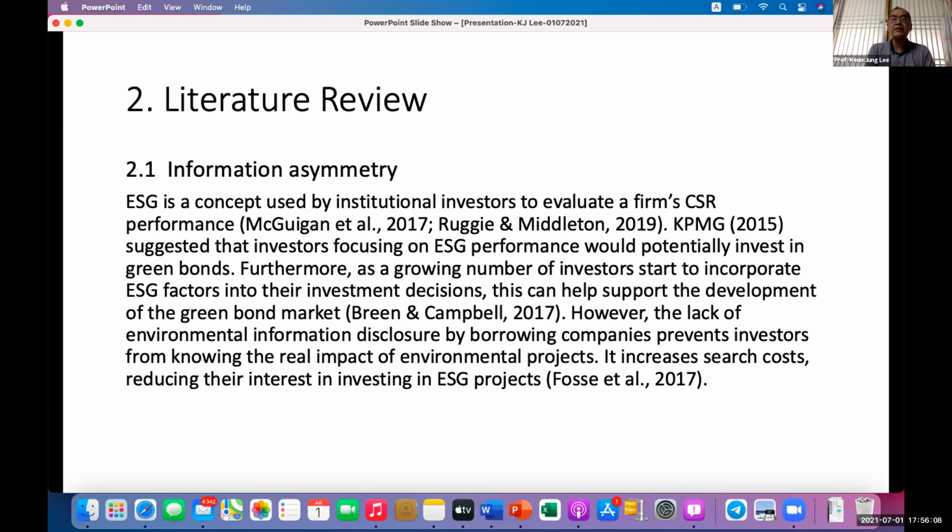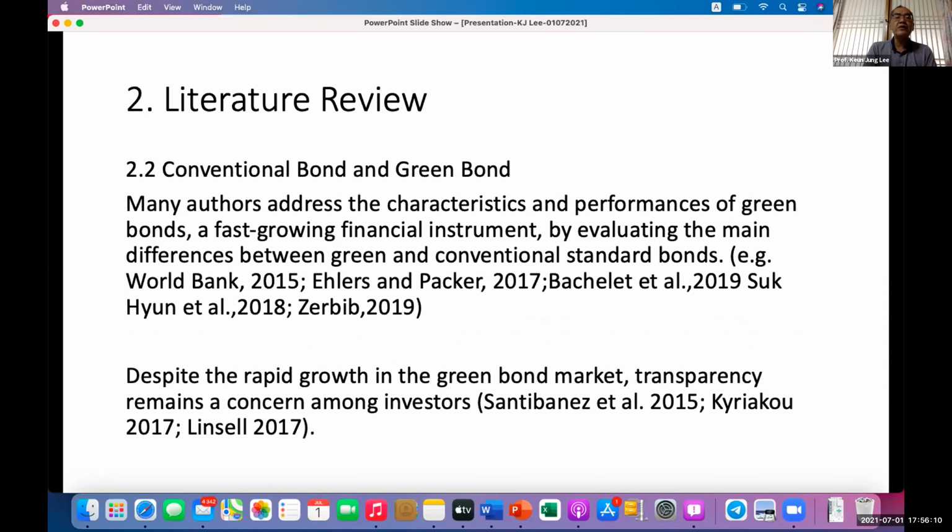environmental projects. Okay? The second one is the conventional bond and green bond. This is the same in the conclusion. We don't know exactly because there are many different results. But one thing is sure: despite the rapid growth in the green bond market, transparency remained a concern among investors.